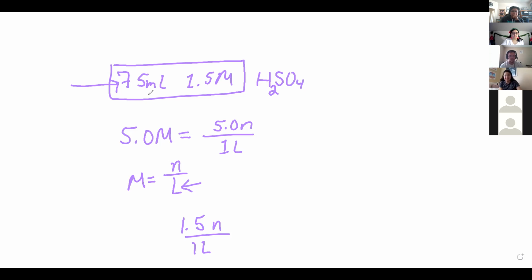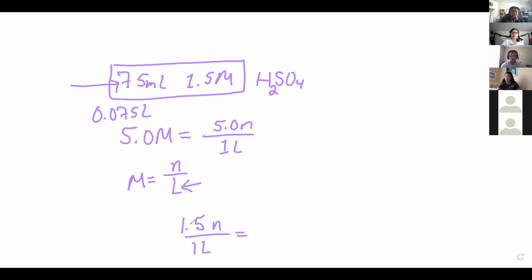And how many milliliters are in 1 liter? 1,000, right? So that's where we move the decimal place 3 places. That's what I'm trying to get at. So then this turns into 0.075 liters, right?